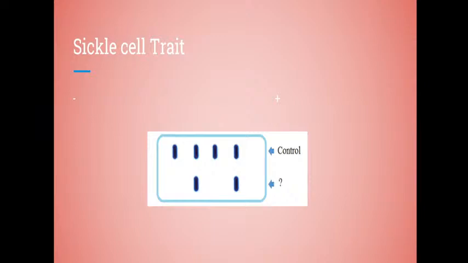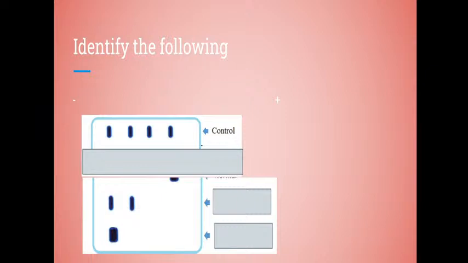Kasi kung sino yung nauuna lagi na letter. Okay? Alright. Now, how did this become HBSC? Because, remember earlier we discussed that abnormal mutations between S and abnormal mutations between C can be inherited together.